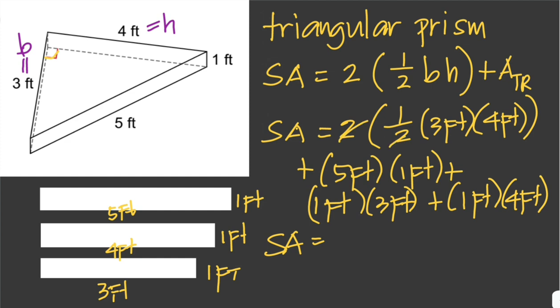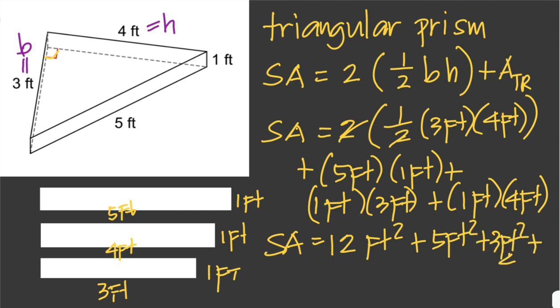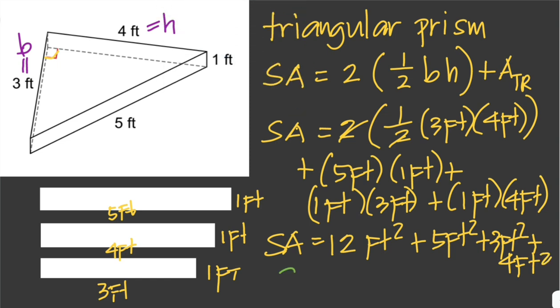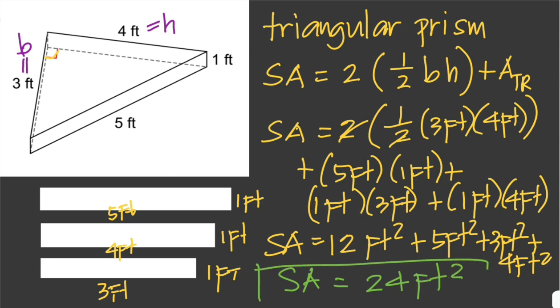The 2 cancels out, so we'll be left with 3 times 4, which is 12 square feet, plus 5 square feet plus 3 square feet plus 4 square feet. Therefore, the total surface area of this triangular prism is 24 square feet. You just have to add up 12 plus 5 plus 3 plus 4.